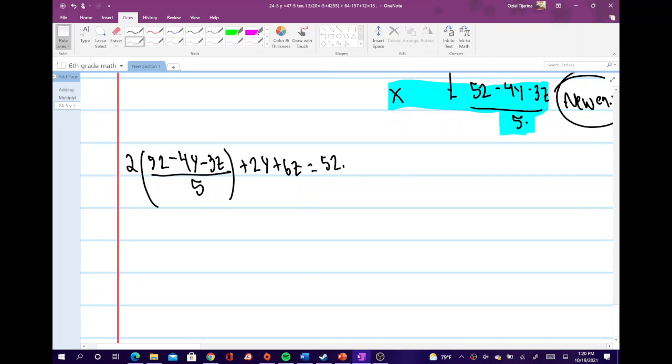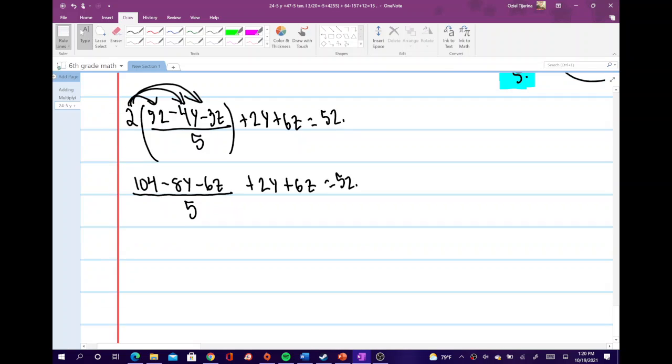I'm going to plug in the 2. I have 52 times 2, which is 104, and then minus 8y minus 6z all over 5, plus 2y plus 6z equals 52.